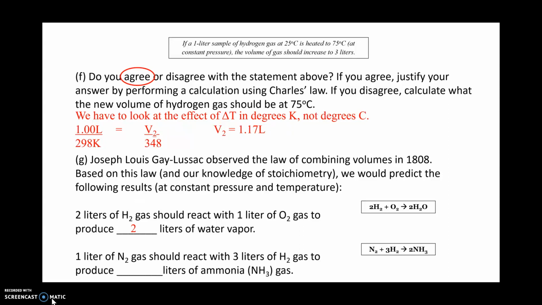So we would expect 2 liters of water vapor. And likewise, if I had 1 mole of nitrogen and 3 moles of hydrogen to form 2 moles of ammonia, I would expect that I should get, according to the stoichiometry, 2 liters of ammonia gas.